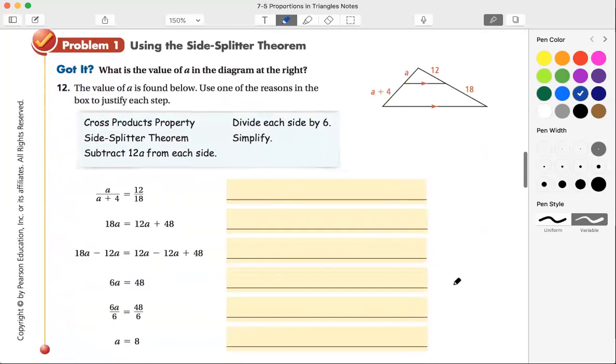Here we are using the side splitter to justify and solve for A. We first set up the proportion A is to A plus 4, which equals 12 over 18. This is called the side splitter theorem. So we use the cross products property.